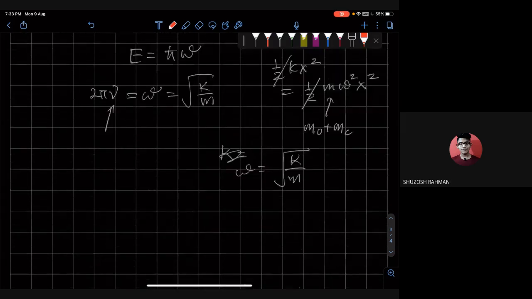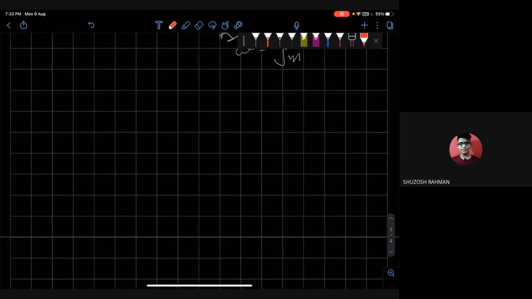Let me take my reference frame so that it coincides with the center of mass.